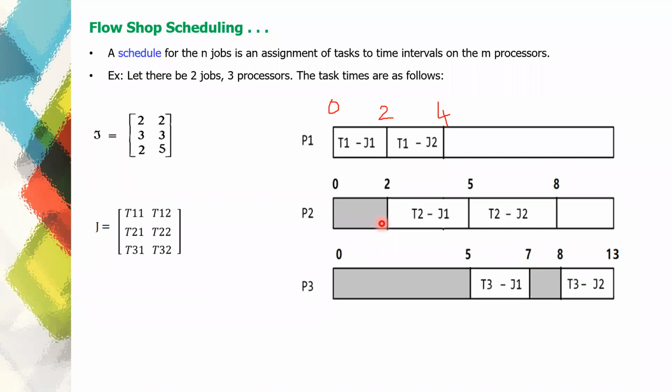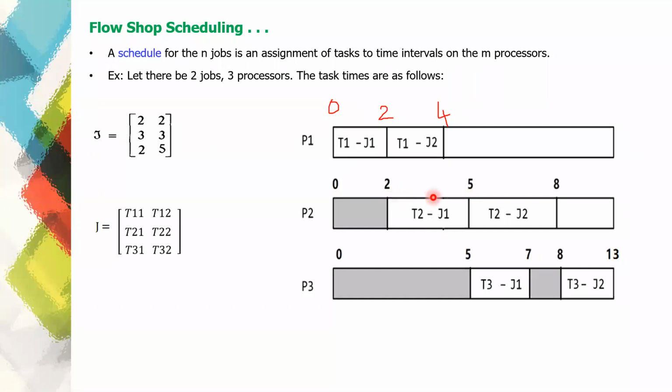Now, after T1 of J1 is finished at the 2nd time unit, I can schedule task 2 of job 1, which starts at the 2nd unit, because task 2 has to be scheduled only after task 1. So task 2 will start here, and it will end at the 5th time unit.